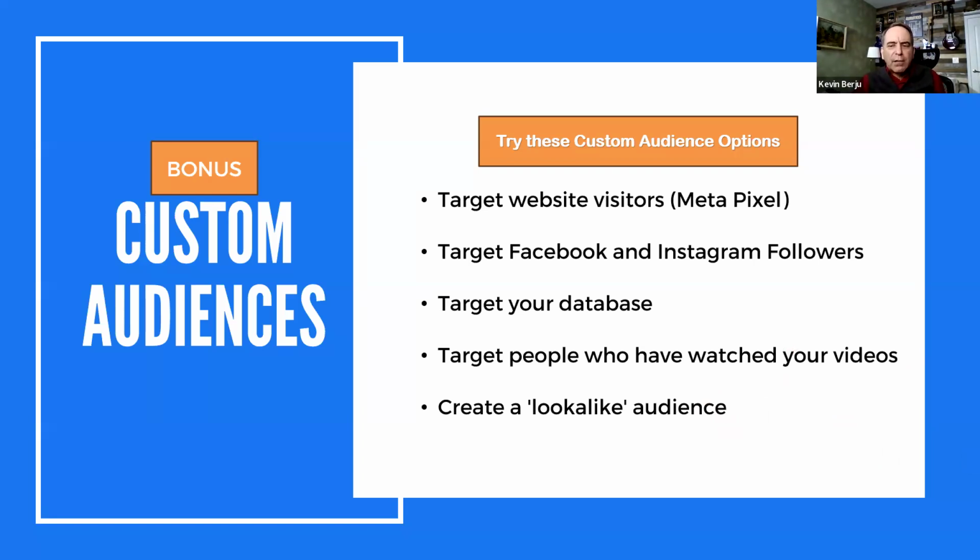When you're ready to target brand new clients that have never heard of you before or aren't familiar with you, you can use an audience who's already following you and use their behaviors.